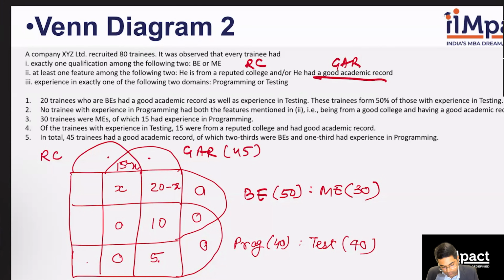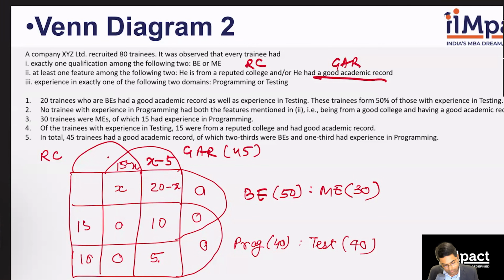What else can I put? I know the total is 45. 15 is gone, 30. And 35 and 1 minus is X, so this becomes X minus 5. We knew that 15 MEs had training in programming, so this will be 10. And programming in total was 40, so this becomes 25.